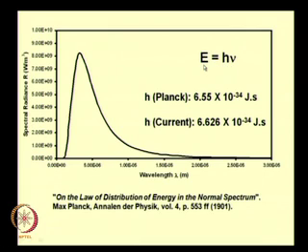And so he said the energy would be h nu, and at that point he did not know what the value of h would be, so it's some kind of a constant.